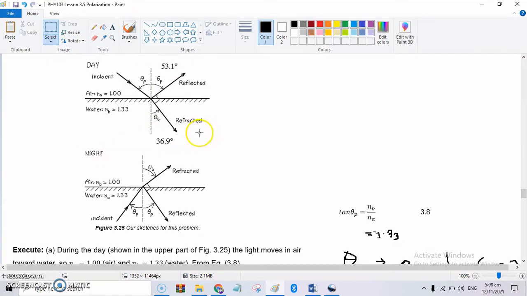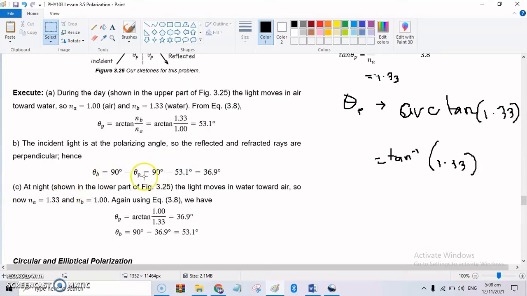Now, for the next question, at night, the light moves in water toward the air. So now Na is 1.33 and Nb is 1. They are reversed, because the light moves in water toward the air, coming out of the water surface. So Na is now the water and Nb is now the air. So arctan of 1 over 1.33 is equal to 36.9 degrees.